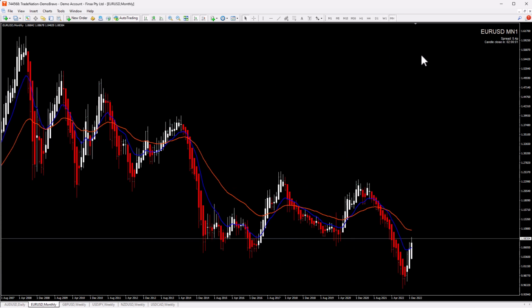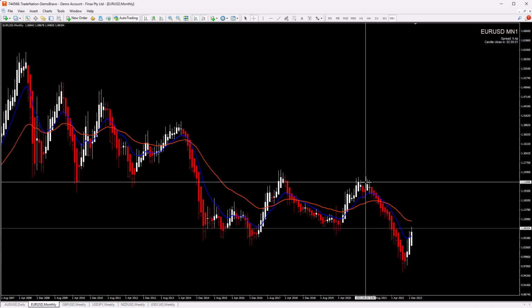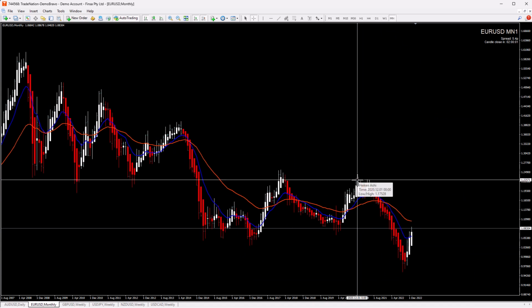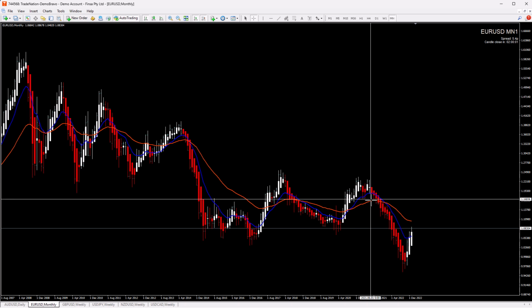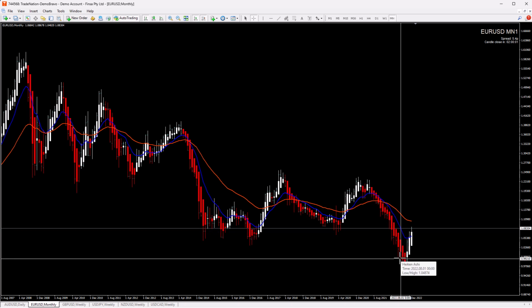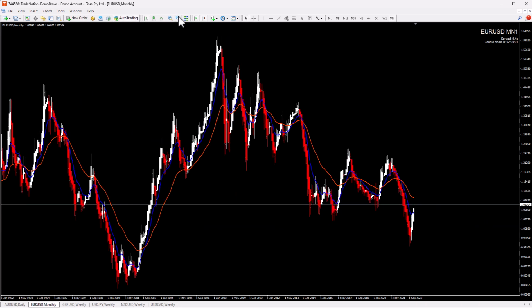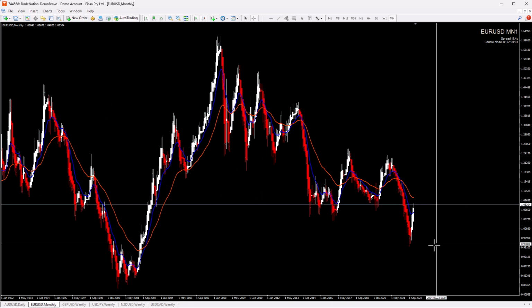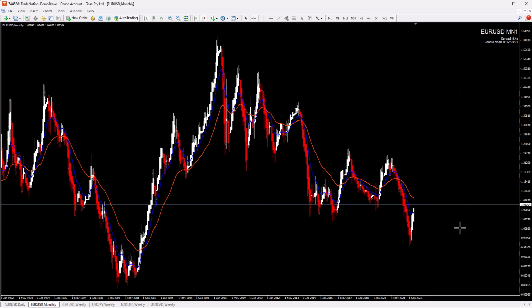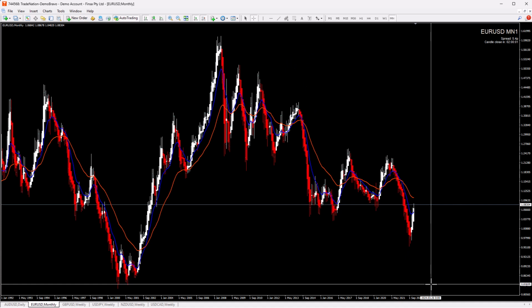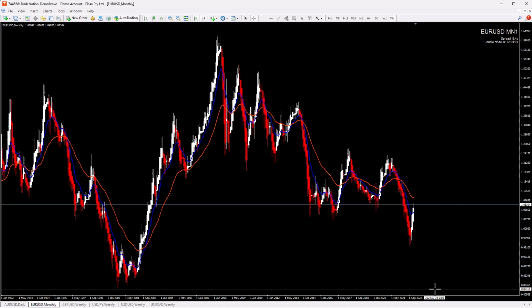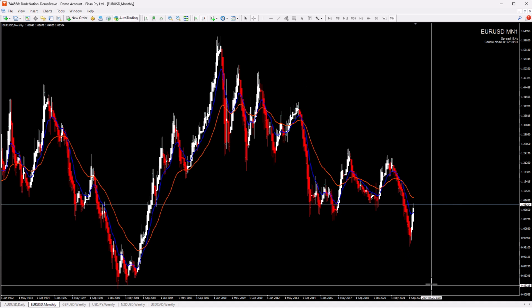Euro dollar monthly chart. We know that last year for euro dollar was very bearish. Price was going down all year. If we pay attention, there is still room to go lower on the euro dollar on the monthly chart, as you can see. We can still go to level 0.82.